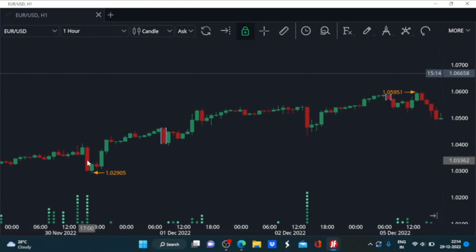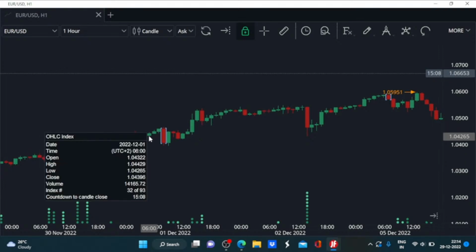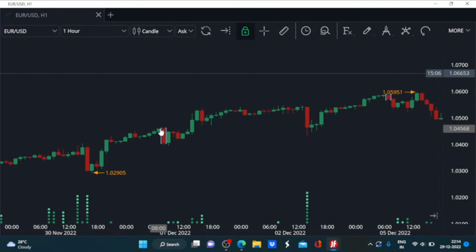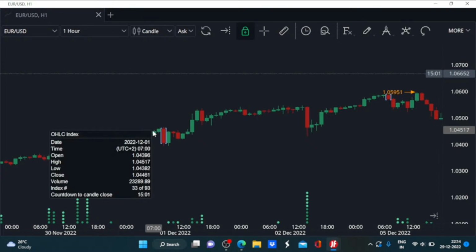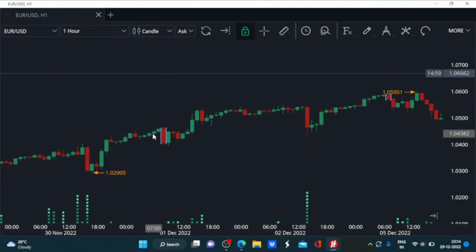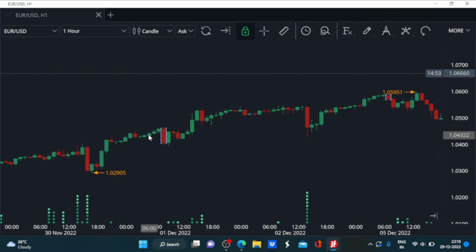Now this being a continuation pattern, if we look at this formation where we have the three consecutive candles on the rise, their high should be higher compared to the prior candle, and their low should be higher compared to the prior candle. Similarly, the closing value needs to be higher compared to the prior candle.